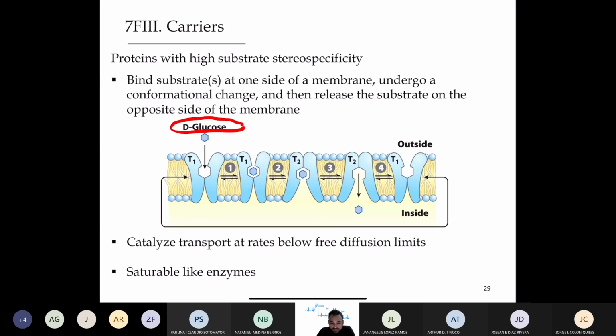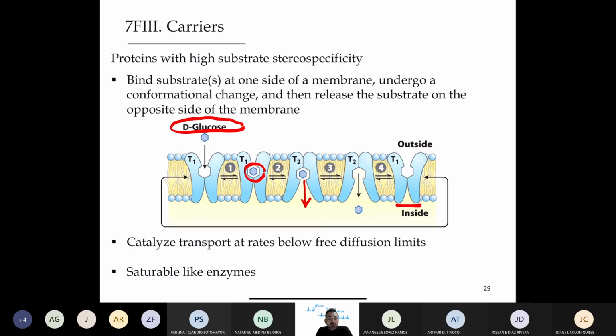What we're depicting here is a glucose transporter recognizing D-glucose, that form of the glucose. And so it gets recognized. That recognition process signals a conformational change, and that conformational change will facilitate an opening for the glucose to come through. Then the glucose comes through, and you have a closing of the transporter itself.